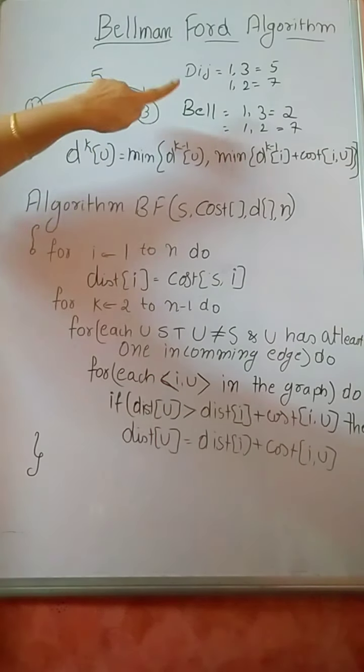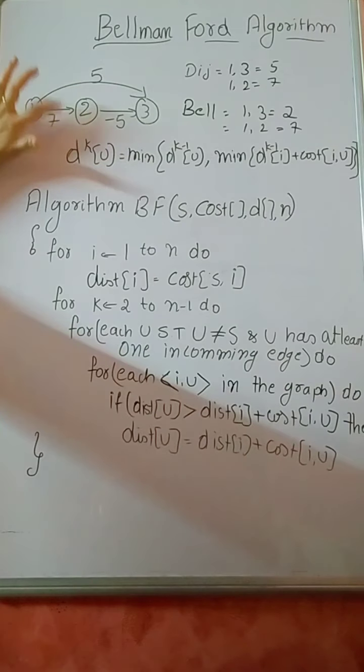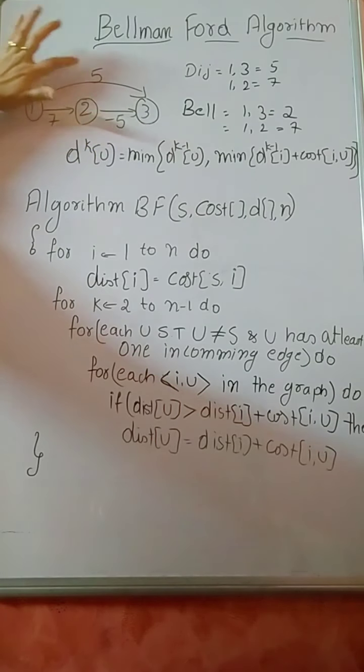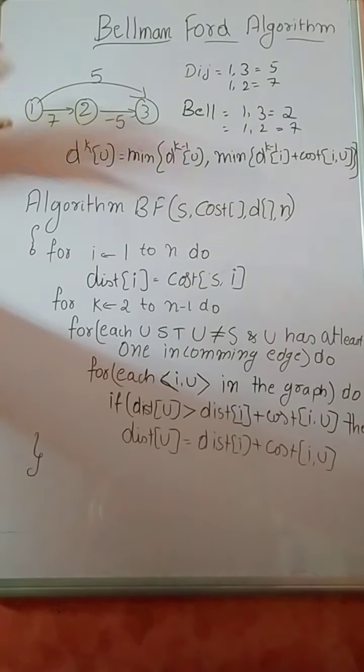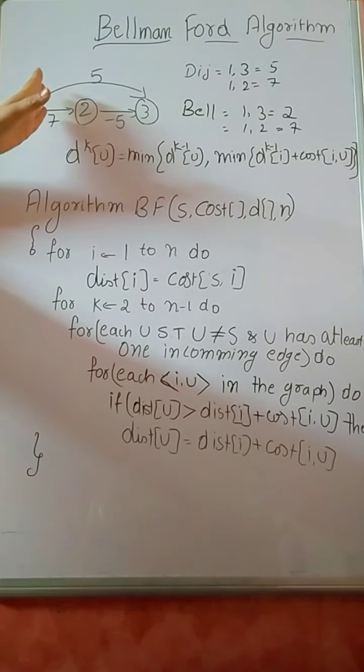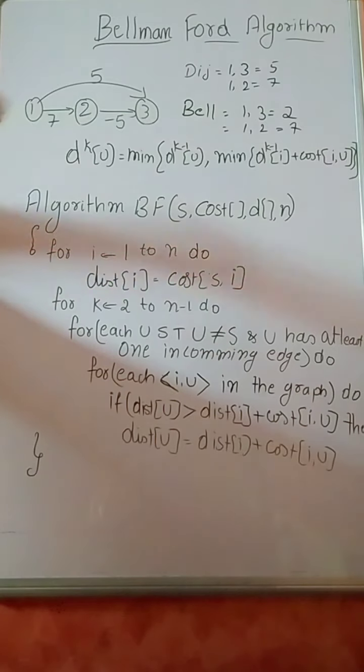See how Dijkstra works: for outgoing edges, it will check which is the minimum. Whereas the Bellman-Ford algorithm uses the incoming edges. Dijkstra uses outgoing edges, which is the minimum cost edge, whereas the Bellman-Ford algorithm works on the concept of incoming edges.